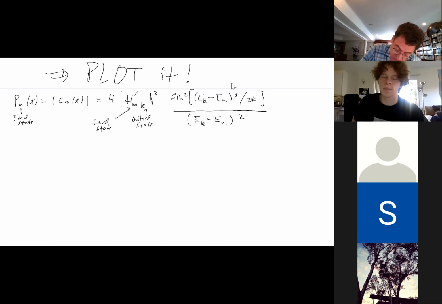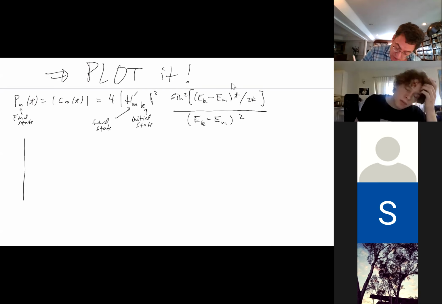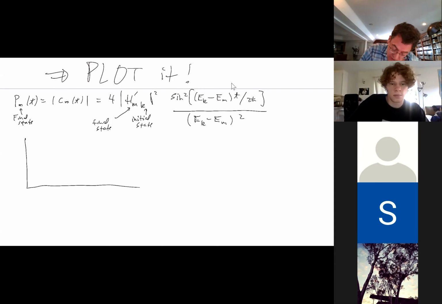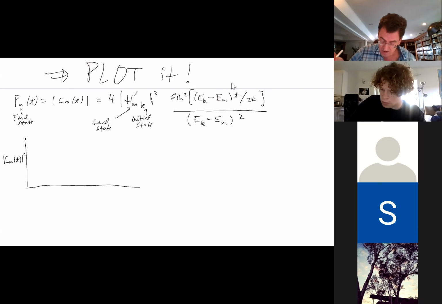And here it is. Let's plot it. So here it is, C_m of t squared, and we're plotting it as a function of time, t.